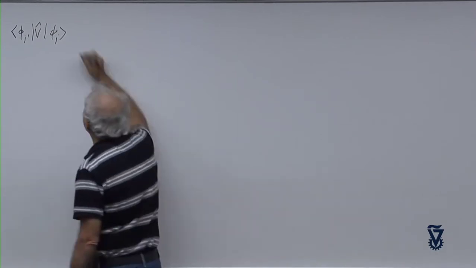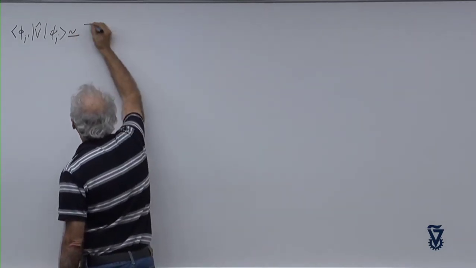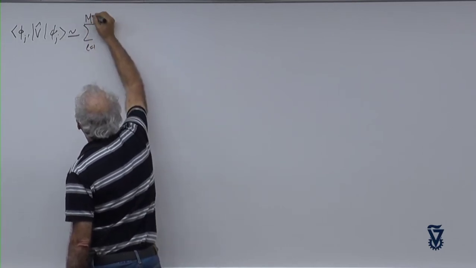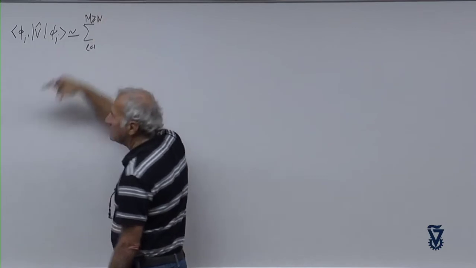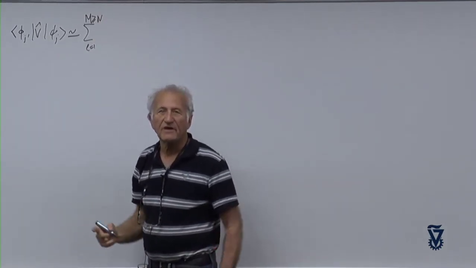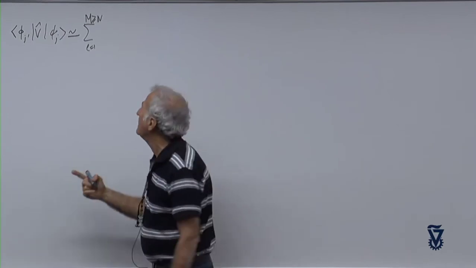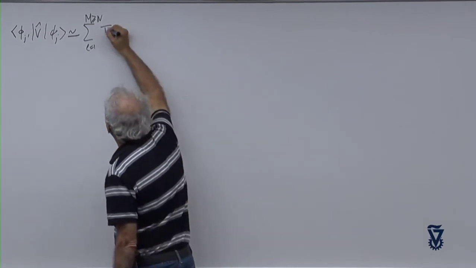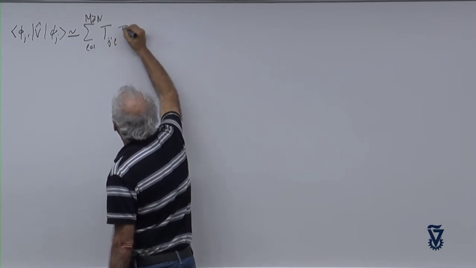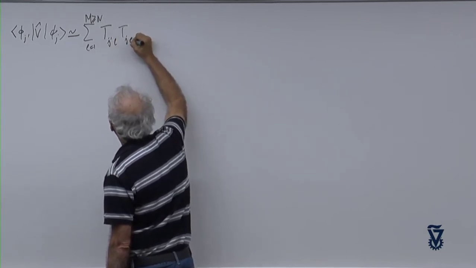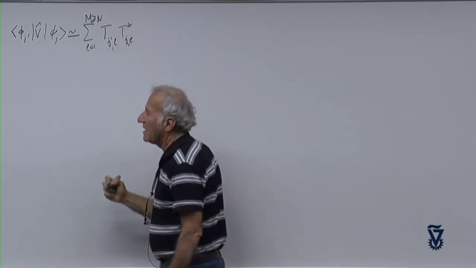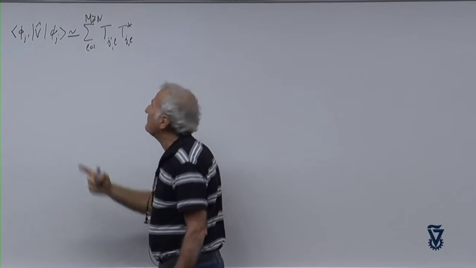It is equal, or about equal, to the summation over l from 1 to M, which is greater than or equal to N. This is the size of our Hamiltonian matrix, how many basis functions we are using to construct the Hamiltonian, which is equal to T_{j'l} T_{jl}* complex conjugate, in the case that the basis functions are complex, not like in sine functions.